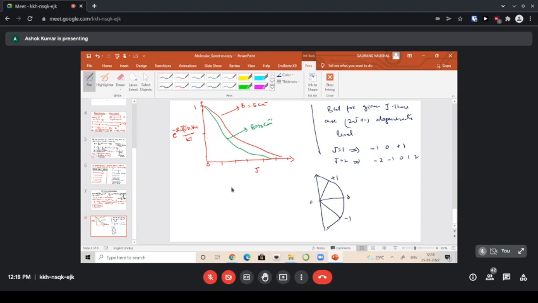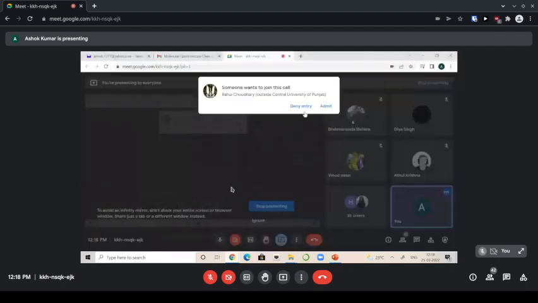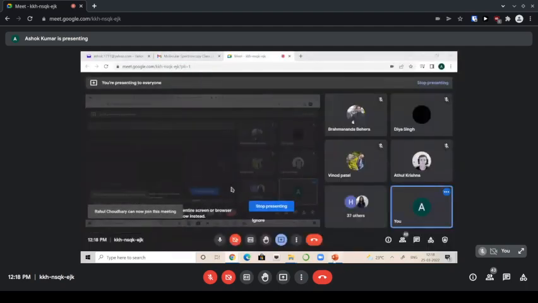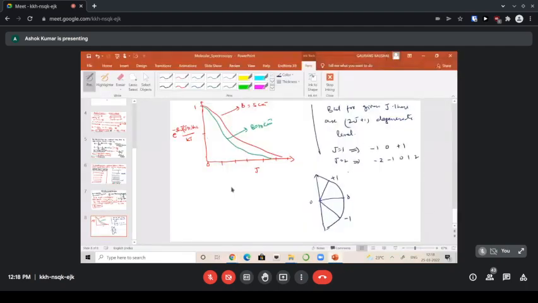So basically there are different orientations of the molecule. For example, a diatomic molecule is rotating here, in this direction.